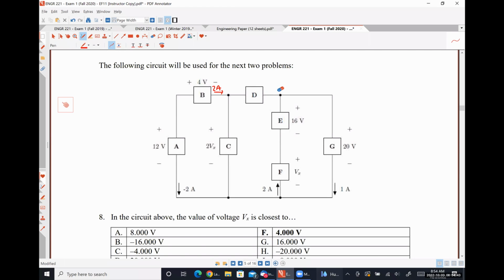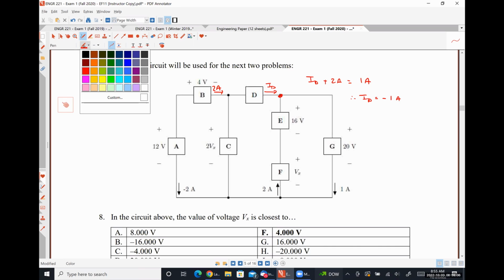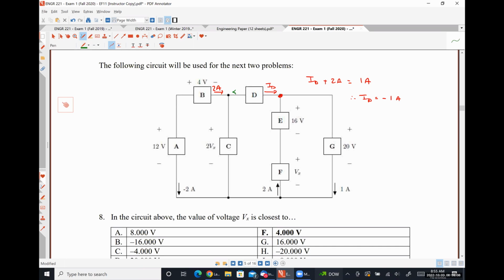I'm trying to do KCL at this node in my head, but maybe I shouldn't. So let's just put this. I'm going to call this ID, where ID plus 2 amps is equal to 1 amp. The current flowing in has to equal the current flowing out. From this, ID is negative 1 amp. So that means I have 1 amp flowing this way, and therefore I have 3 amps flowing down like this.